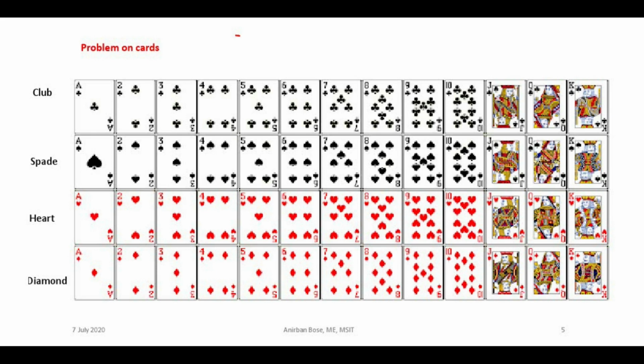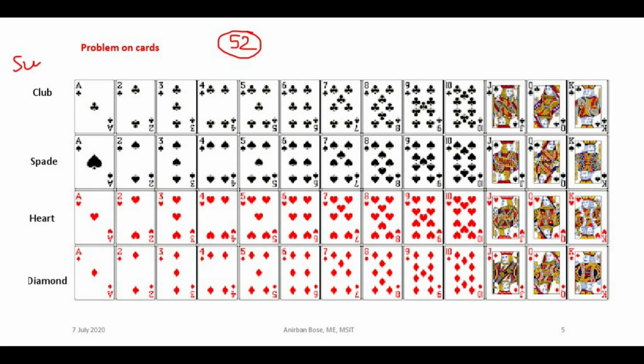Now coming to the problem of cards, but before that let us see some basic things that you have to remember if you are not familiar with cards. In a pack there are a total of 52 cards. Remember, in a full pack of cards there are 52 cards. In 52 cards there are 4 suits.